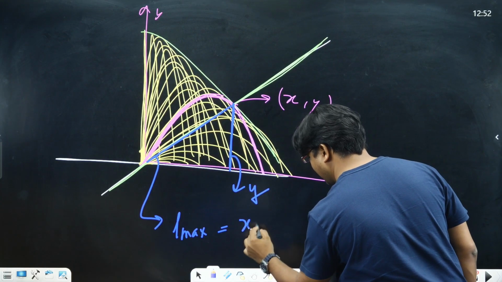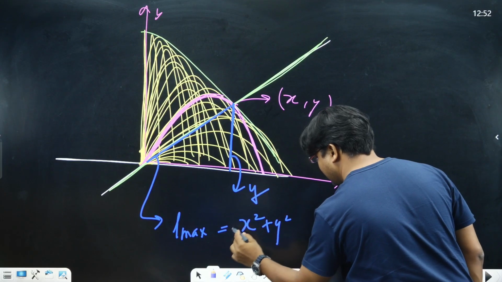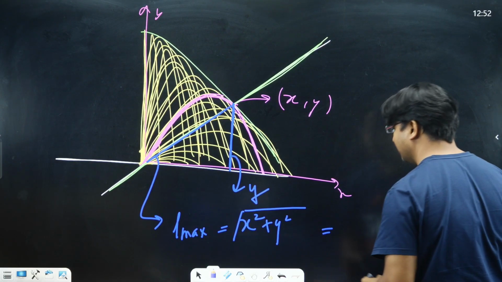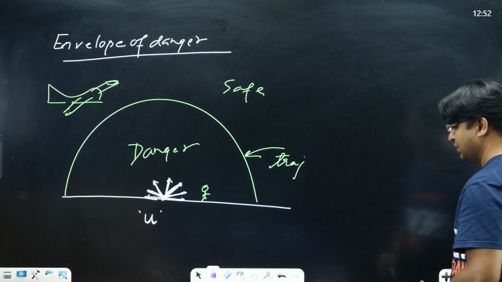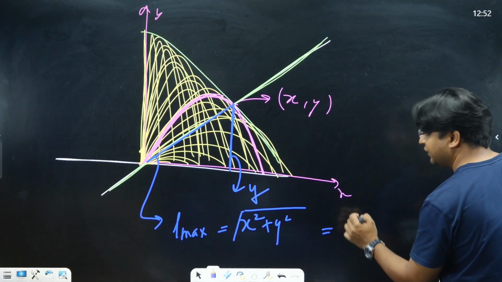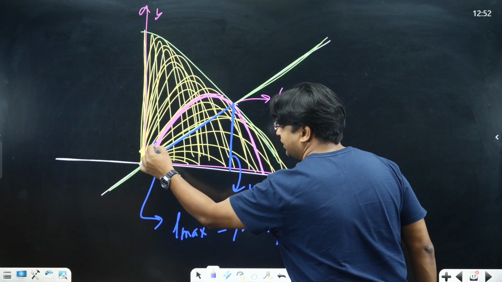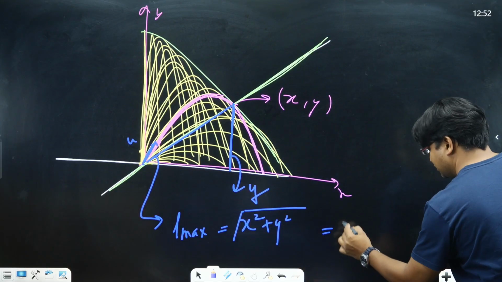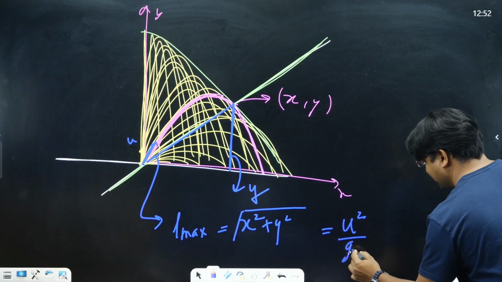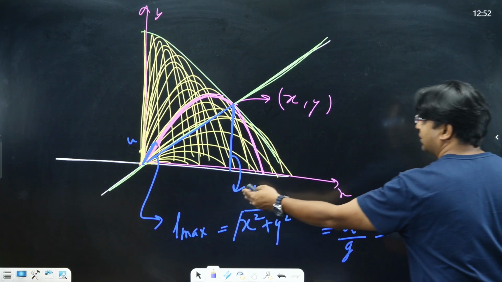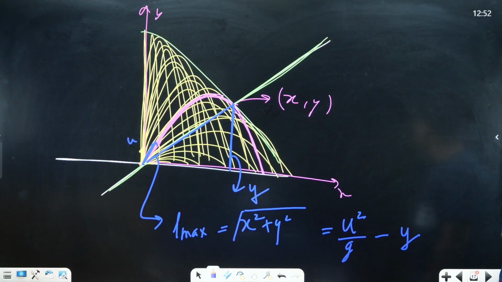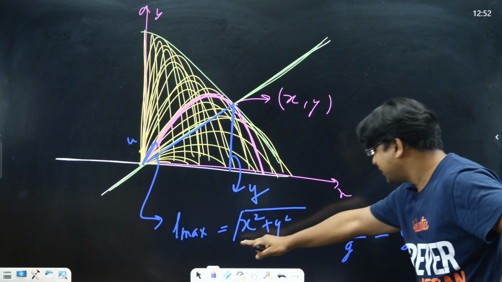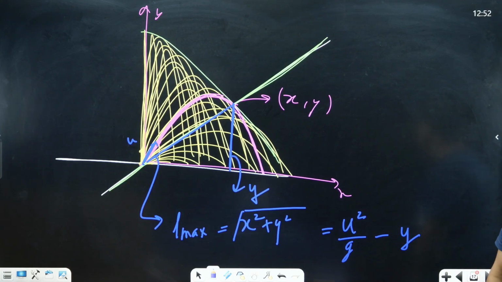So it is also the square root of x square plus y square, and from the formula we derived, this I can write as u square by g minus the height, that is the y coordinate, where u is the speed at the bottom. So I obtained the relation between x and y.